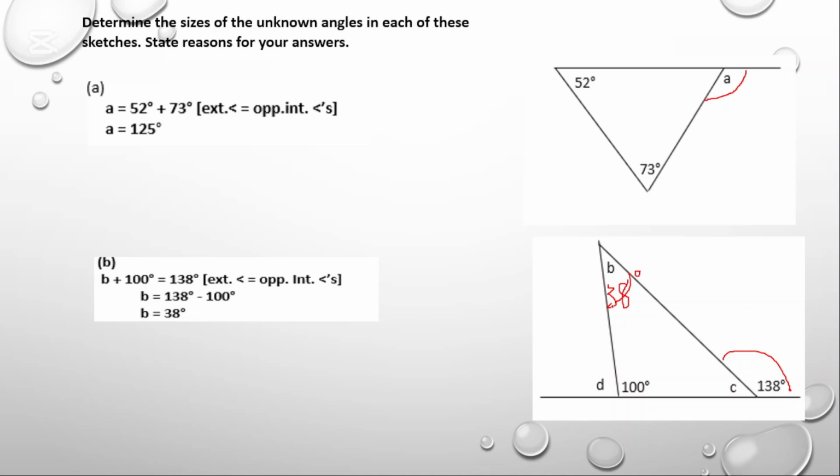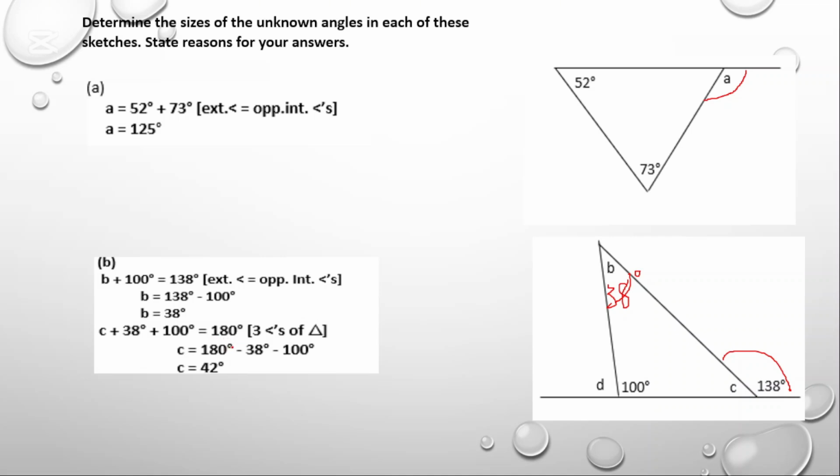So next one, we move to C over here. We can use the method that 3 angles of a triangle are equal to 180, or C is adjacent to this 138, so C plus 138 is equal to 180 also. I'll use the 3 angles of a triangle. So C plus 38 plus 100 is equal to 180.